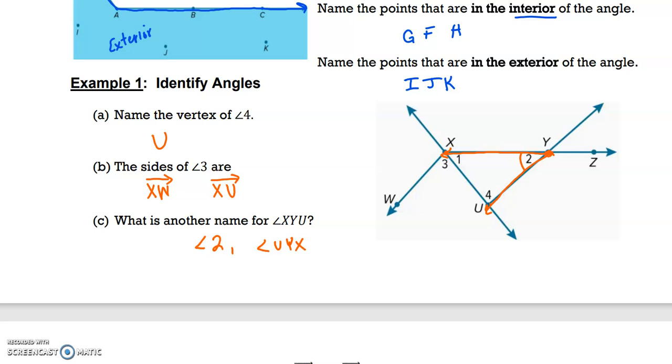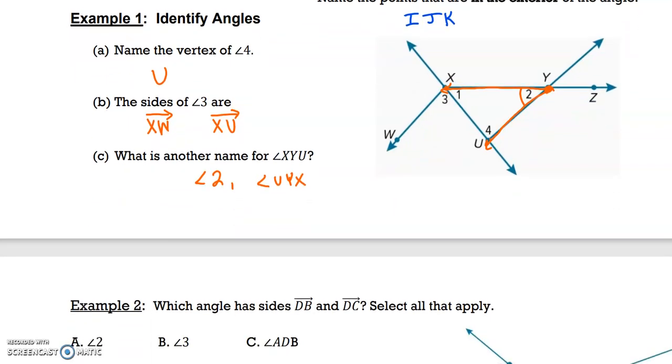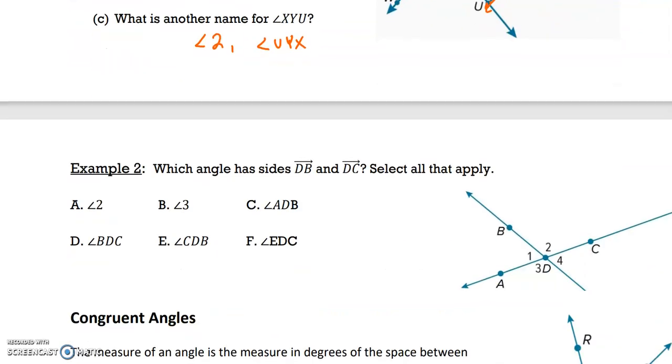It could not be angle Y because we don't know, are we talking about this angle or angle 2? And we could also maybe be talking about either one of those if we used just the vertex point Y. It's being shared. So we probably don't want to use just that vertex.